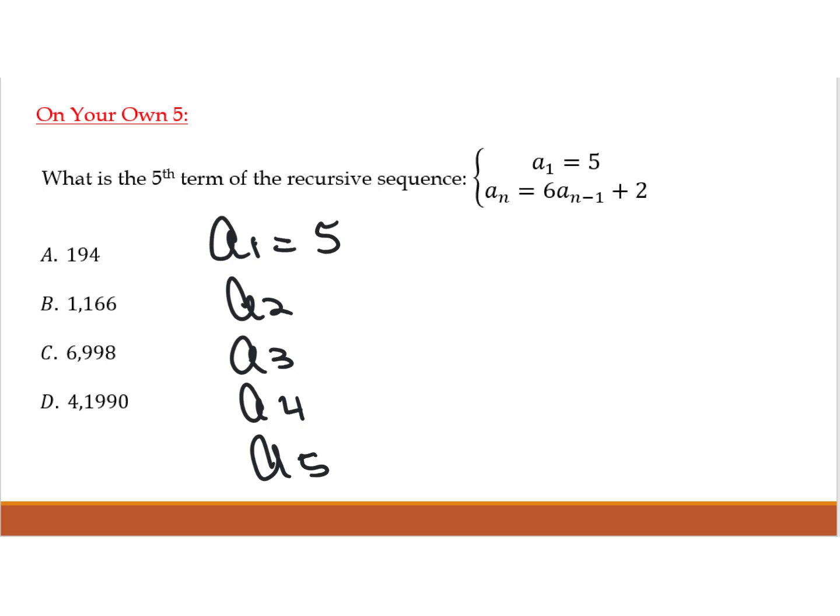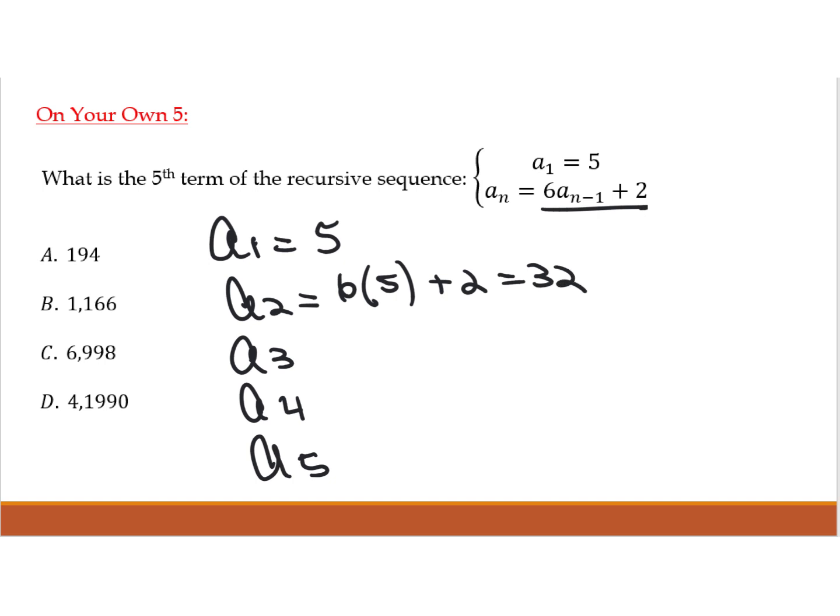So to find a sub 2, I know a sub 2 is, according to my formula, going to be 6 times the previous term, which is a sub 1, plus 2. And that's going to give me an answer of 32.